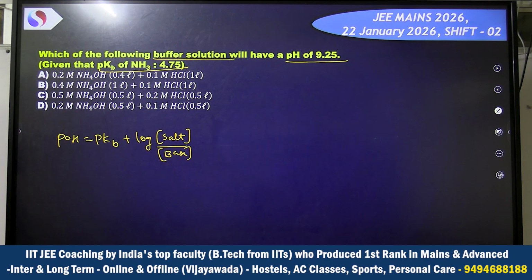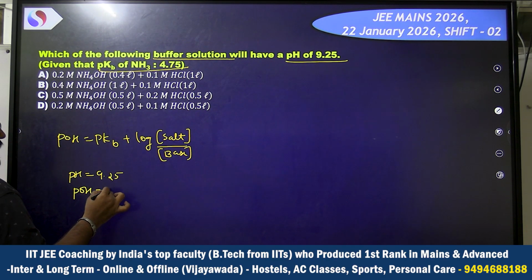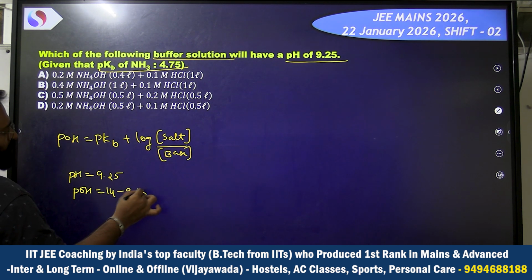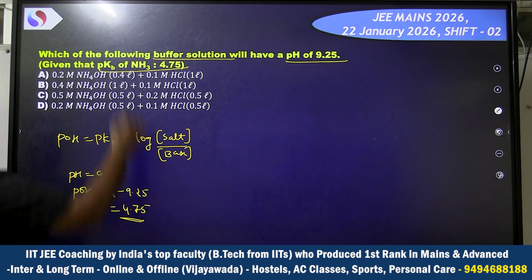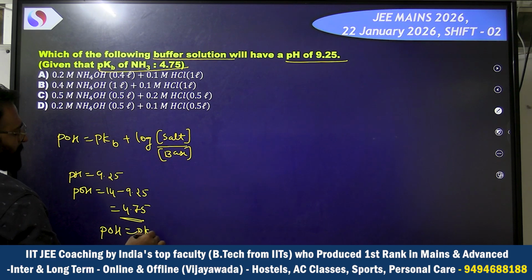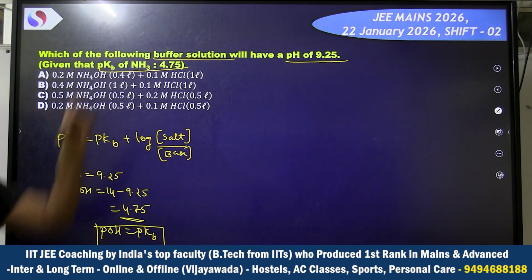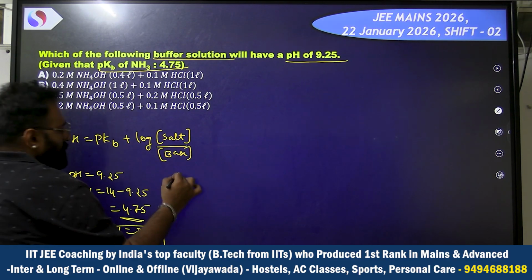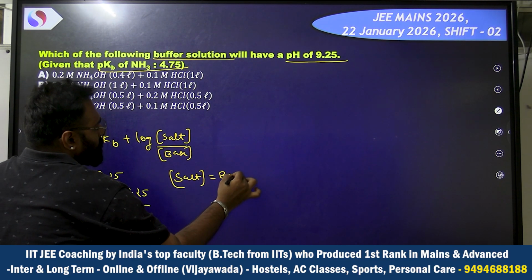Now pH is given, 9.25. So pOH will be 14 minus 9.25, that is 4.75. So we can clearly see that pOH is equal to pKb. Here pOH and pKb are the same. That means concentration of salt should be equal to concentration of base.